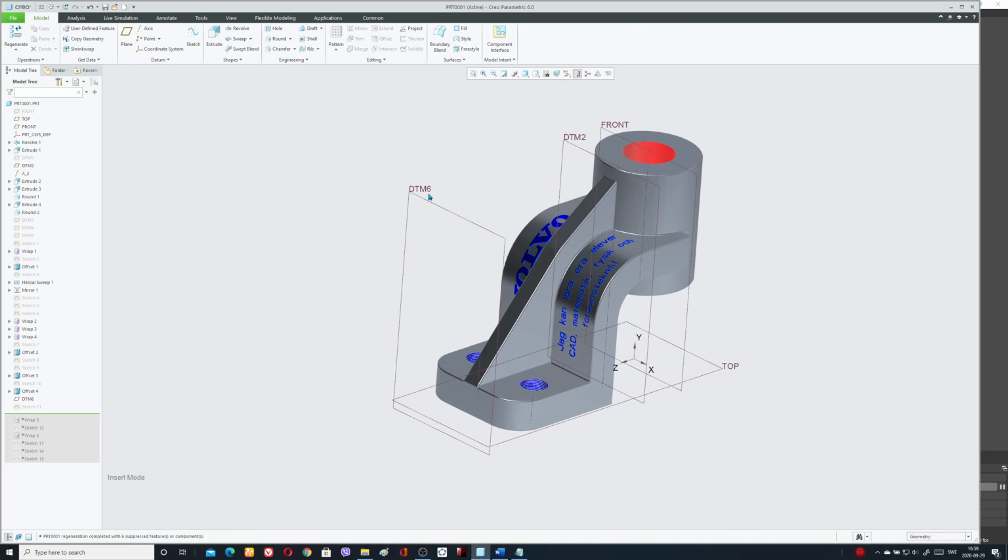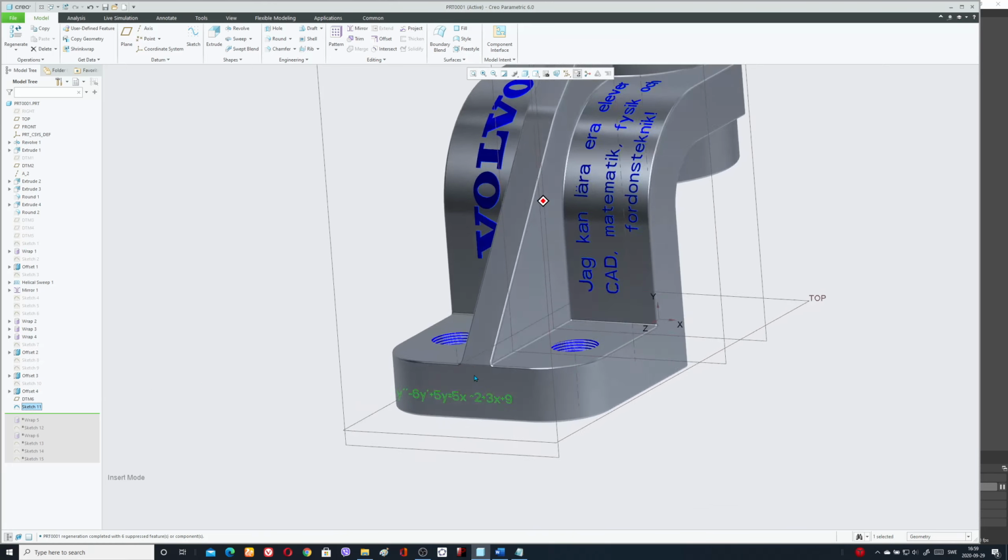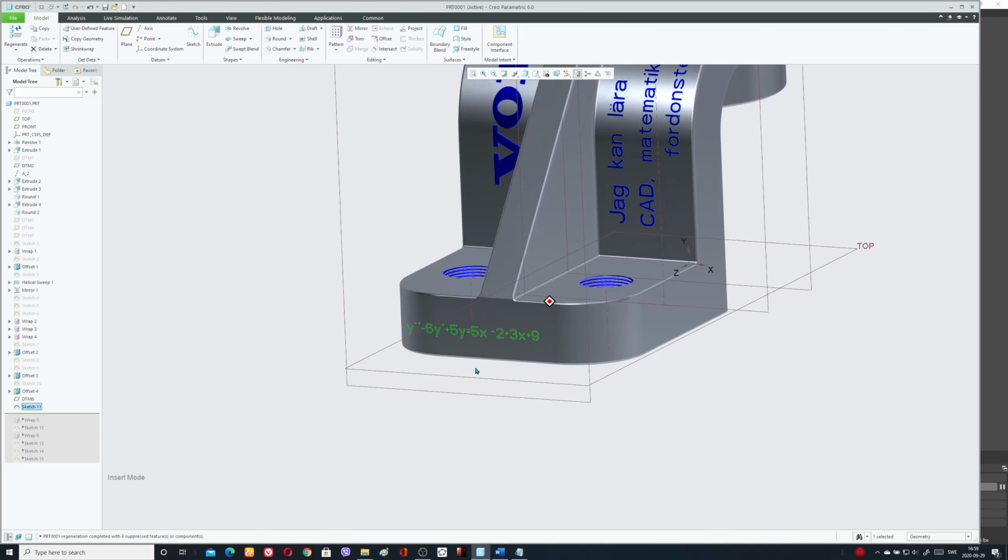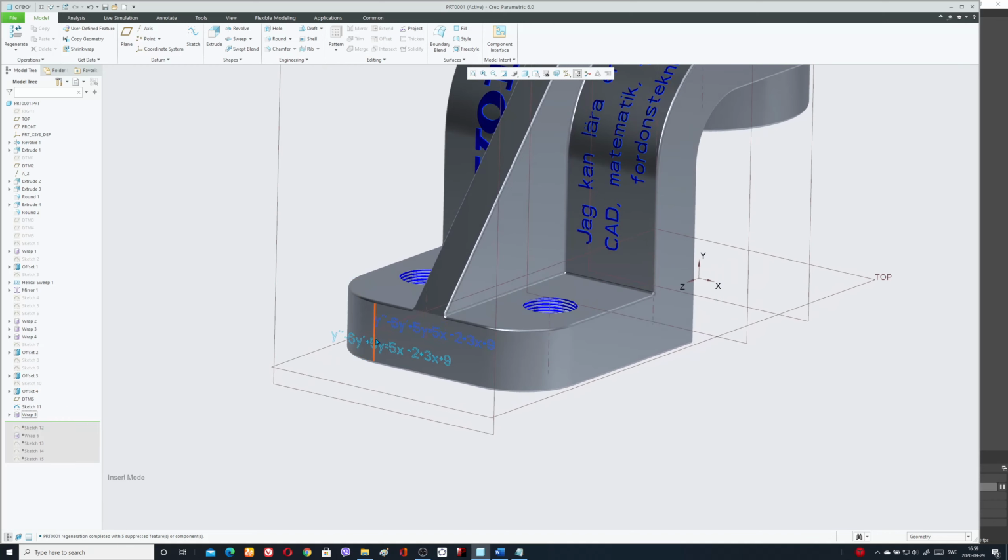So now we have this, and I am warping this text. This is the differential equation. Try to solve this differential equation. It's a very beautiful equation. And I have a warping this text from here to here.